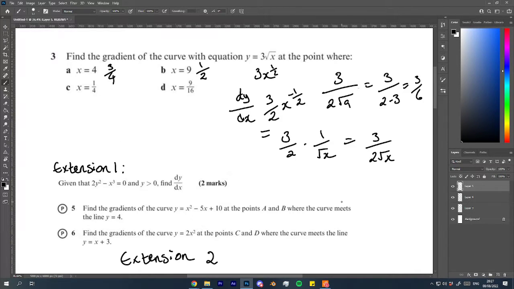I forgot to mention for the recording, the rule is nx to the n minus 1. So we multiply the index by the number behind, or if it's just a 1x, and then we minus 1 from the index. If you apply it to loads of different equations, you will see this pattern, and eventually it will speed up your process.